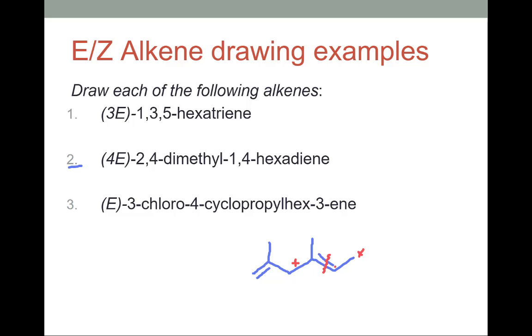Those are on opposite sides of this double bond, so that's actually the E. That's what I wanted. Great. If it wasn't what I wanted, then all I would have done is to erase this one right here and draw it down here. Okay, so the point is just draw it some way. Just draw it and then check. And if you're right, that's great. If you're not right, then fix it.